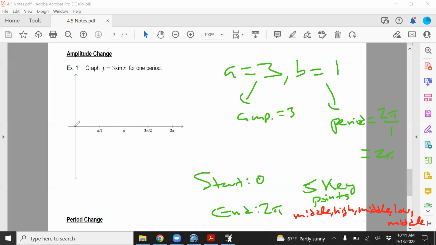So I start here in the middle. 1, 2, 3. -1, -2, -3. It looks like that.